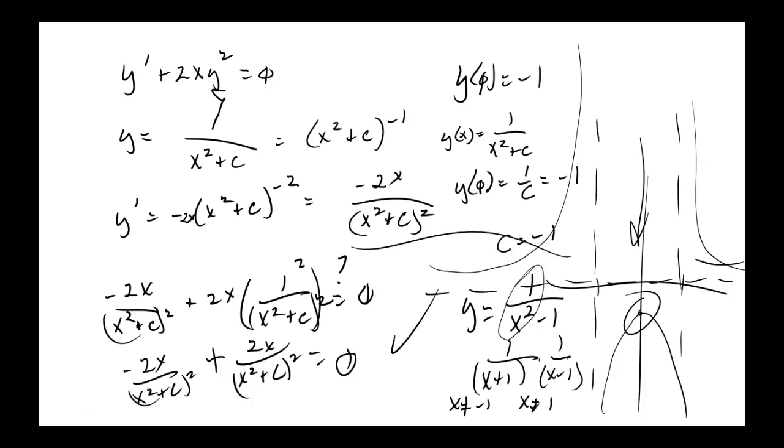Considered as the solution of the differential equation, that could be taken to be any interval over which it's defined and differentiable, and that would be either the part from negative infinity to minus 1, minus 1 to plus 1, or plus 1 to infinity, all exclusive of the open intervals there, okay? And then consider a solution for the initial value problem, that fits down there, that curve, and only that piece of the curve, okay? None of the other pieces would fit.